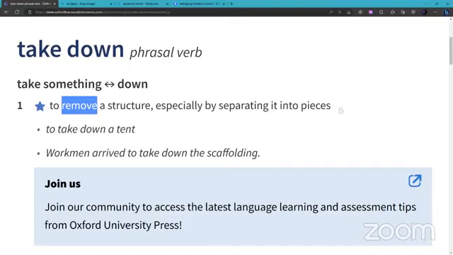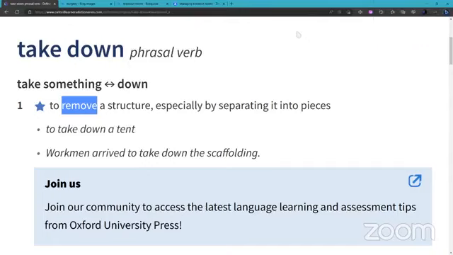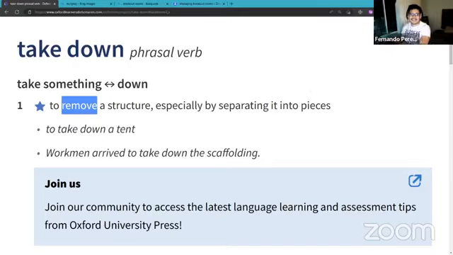Okay, close, because if the example mentions the structure, then the structure is not necessary. To remove, we need something, not to remove something into pieces. It's not necessary to say something.